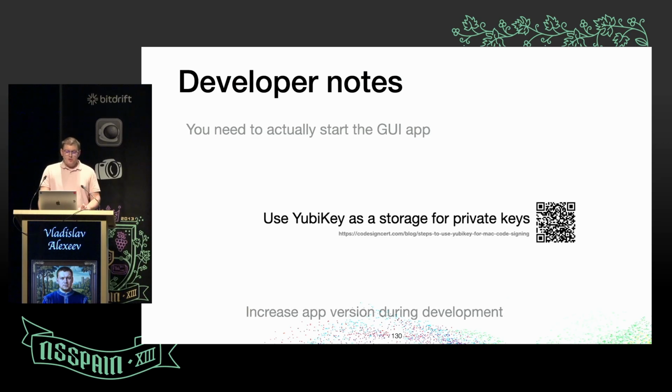You can actually use YubiKey as a smart card. That's very interesting. You can create the private key inside YubiKey. You don't need to write anything, and then YubiKey can do the code signing for you. So if it's on a CI machine, you can insert the YubiKey into the CI machine, create a private key on it, create a certificate signing request, upload it to Apple, get the actual cert back, and it will be impossible to extract the private key in that case.